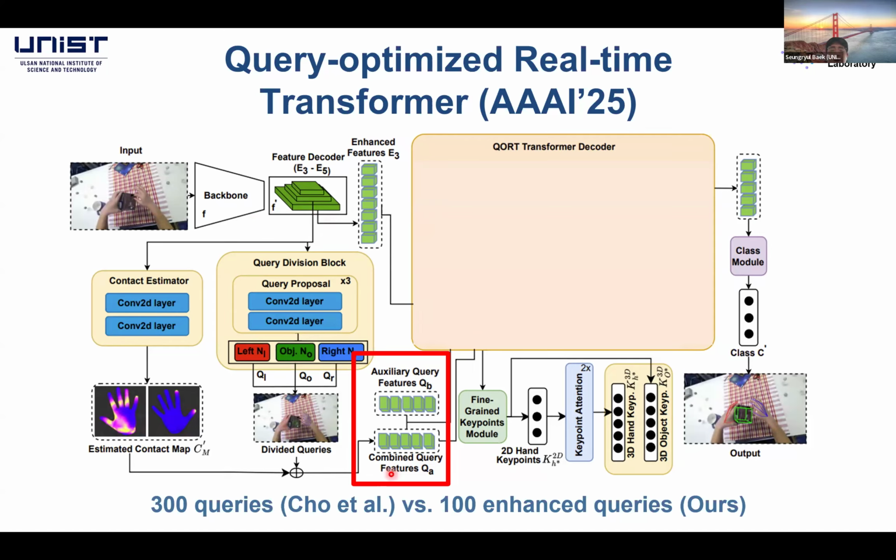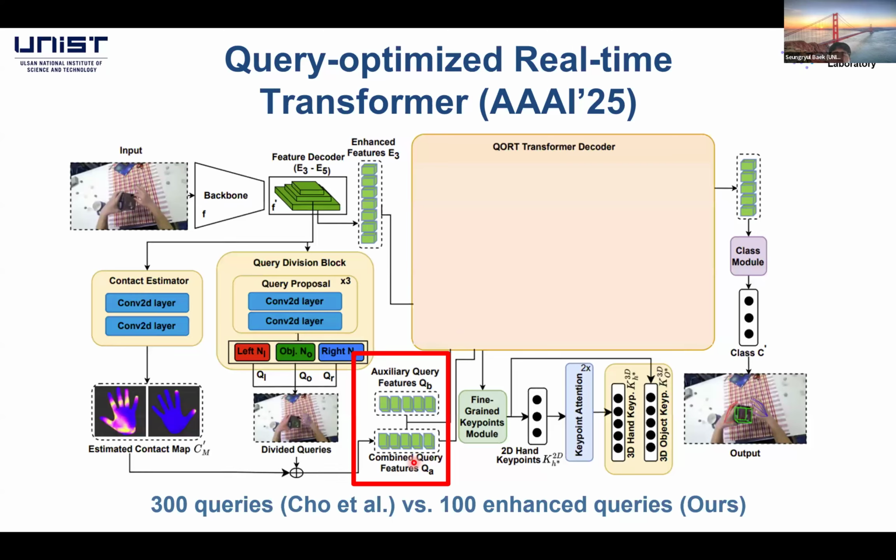We also add more information to the decoder input, which we call the query. We additionally provide hand-related information when constructing the query, and we also reduce the number of queries.